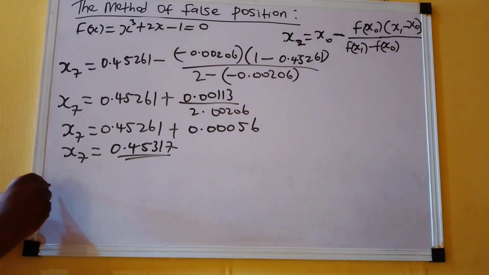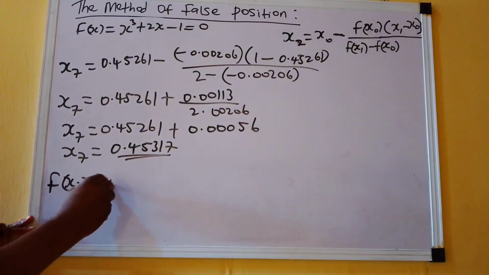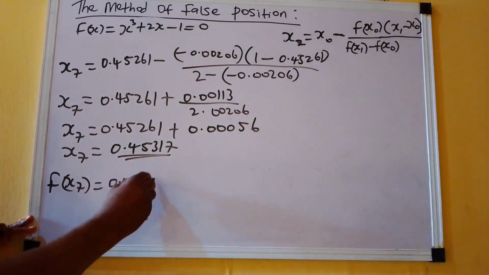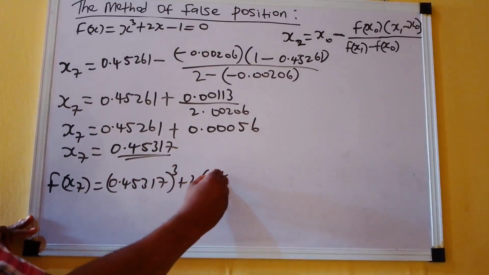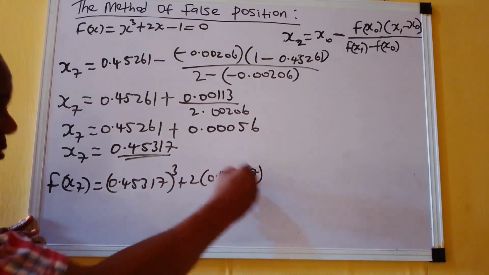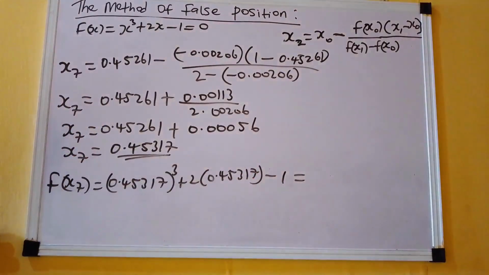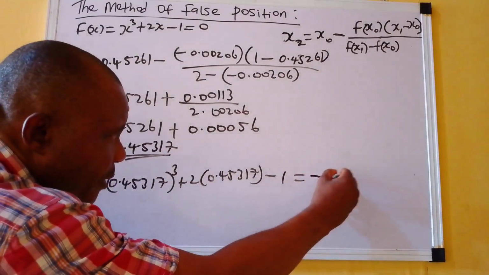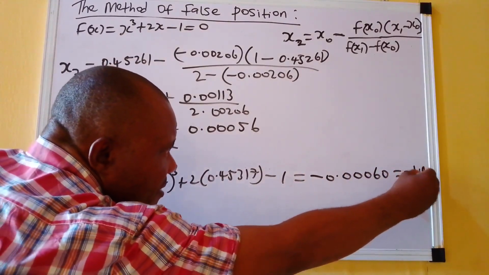Now let us get our f of x7, and that will be equal to 0.45317 all raised to power 3 plus 2 into 0.45317. We are using this model equation, minus 1. All you need to do is to press your calculator. So f of x7 will be minus 0.00060, and this is equal to negative.